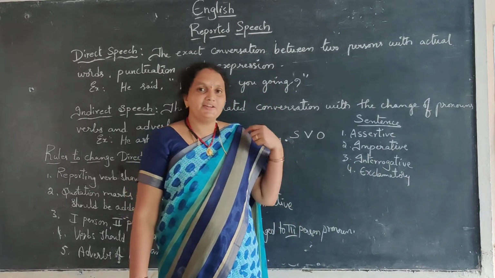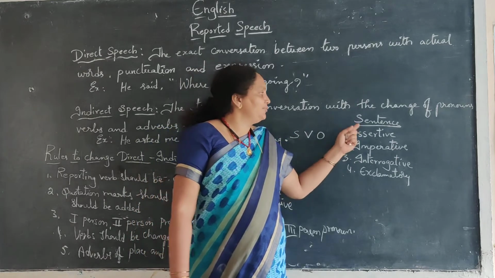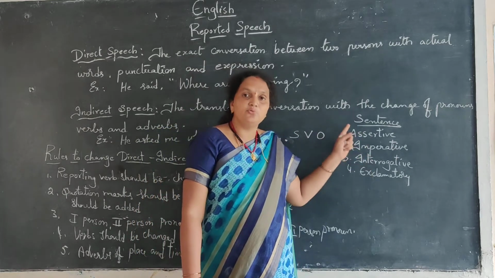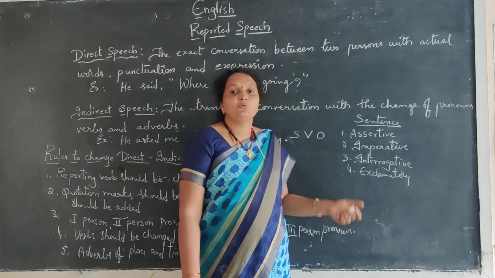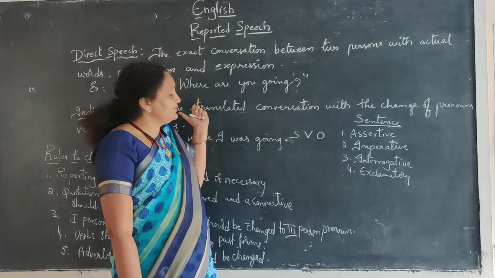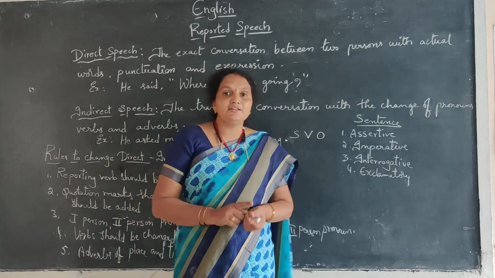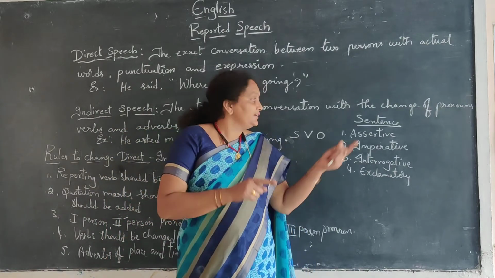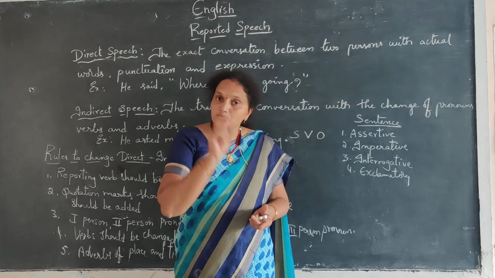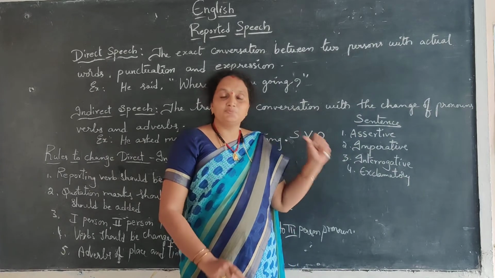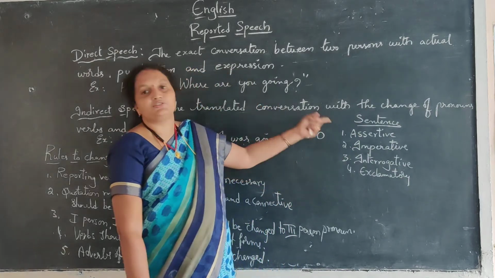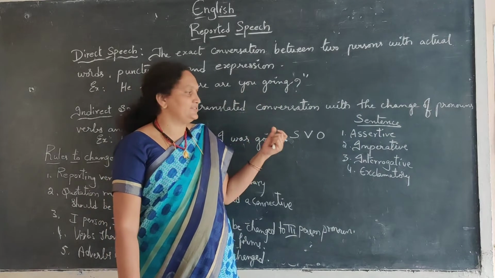You might wonder why I am talking about sentences now. Because if you don't know the type of sentence, you are unable to change direct to indirect speech, that means reported speech. To learn reported speech, first you should know the sentence types and then the tenses. If you know both, then only you can change direct speech to indirect speech.